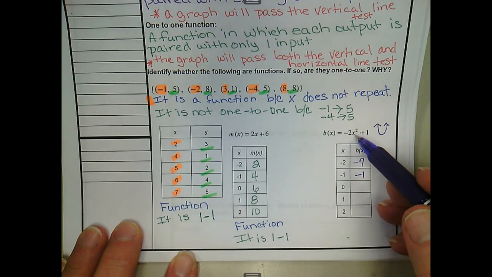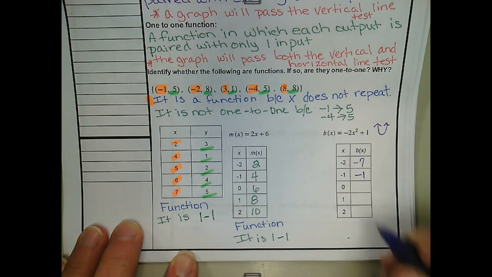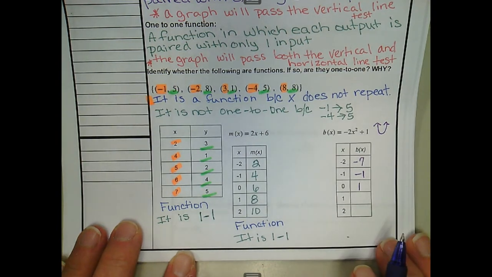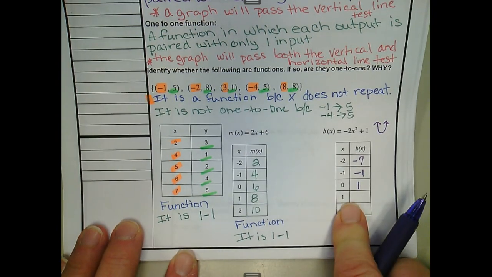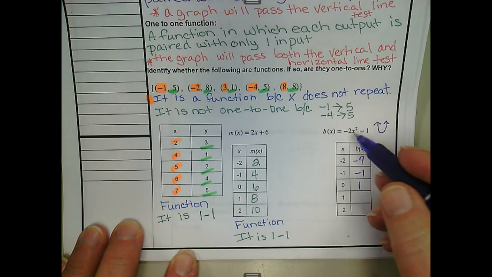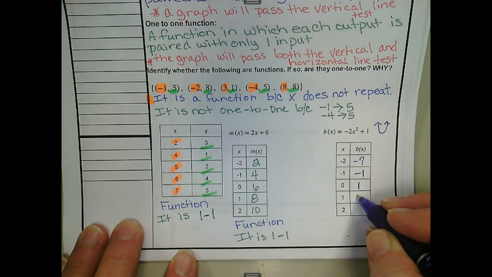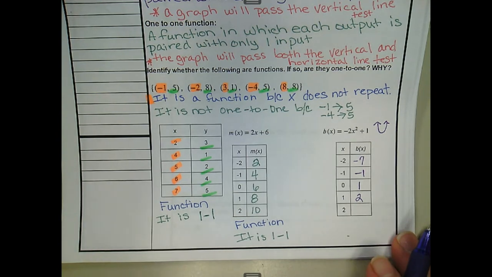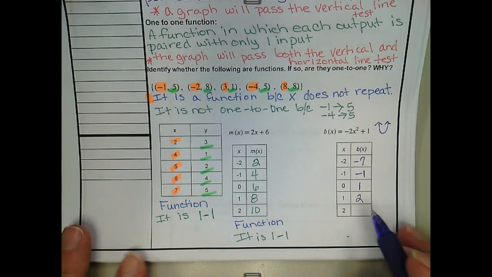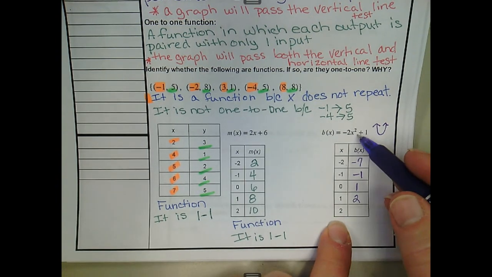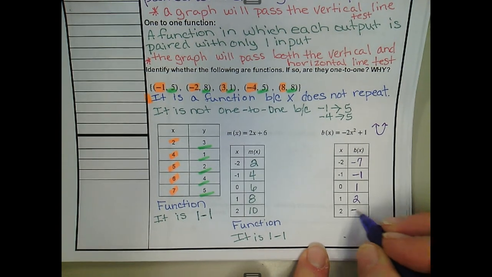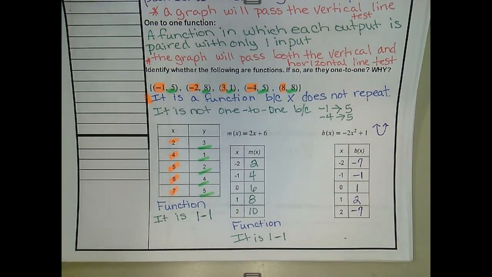When I put 0 in, 2 times 0 is 0, plus 1 is positive 1. What happens when I put 1 in? Negative 2 times 1 plus 1 is 2. Okay, negative 2, this will be 2 squared would be 4, so negative 2 times 4 is negative 8, plus 1 is negative 7.